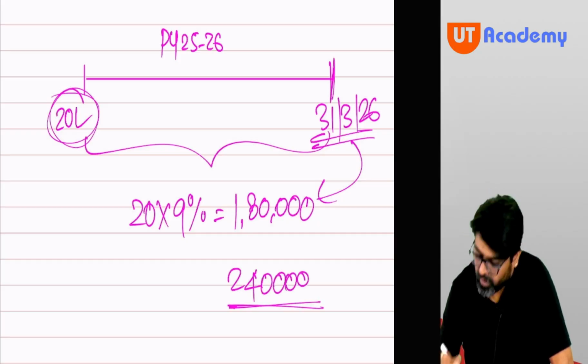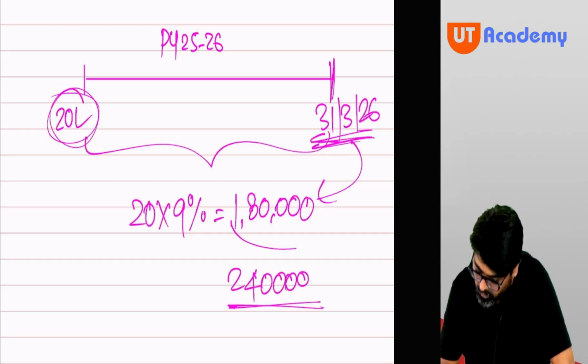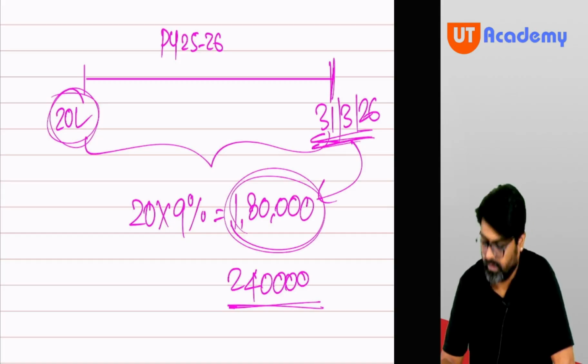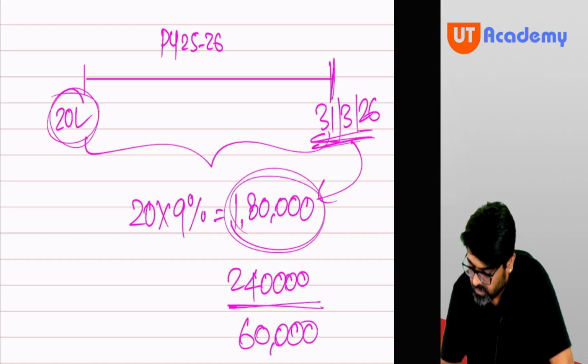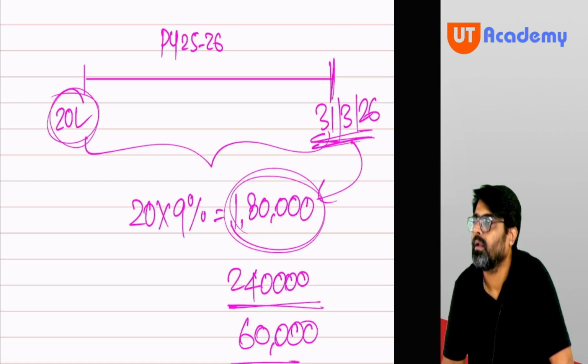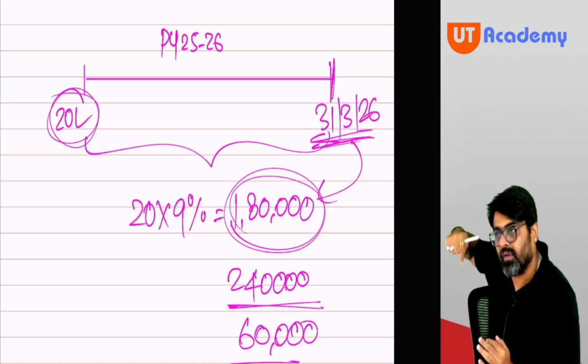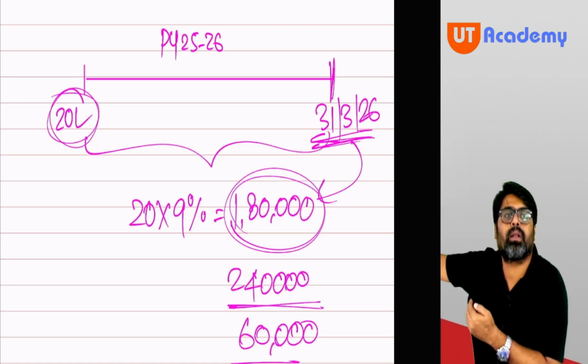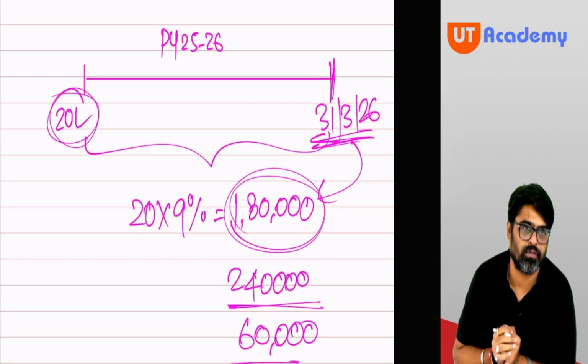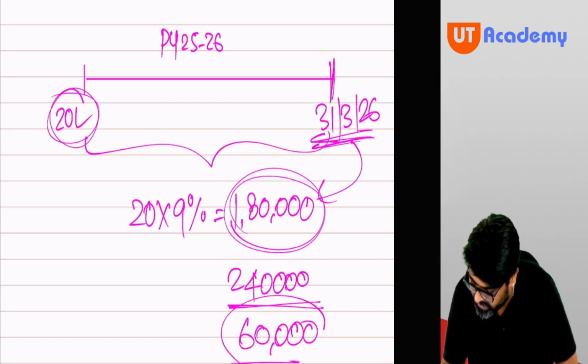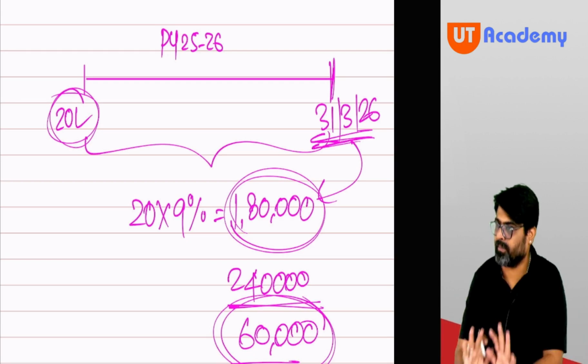Out of that, 1 lakh 80 is interest. So how much is principal? Principal is paid on 31st March. No principal repayment was made prior to this. So can I say that this 60,000 is nothing but my principal?